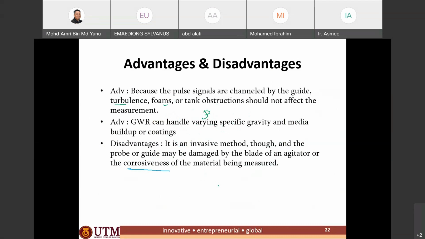And then the problem is that it is invasive and intrusive. Meaning that if the system has a mixer, it is not suitable to place inside. And also it is not suitable for material that is corrosive.